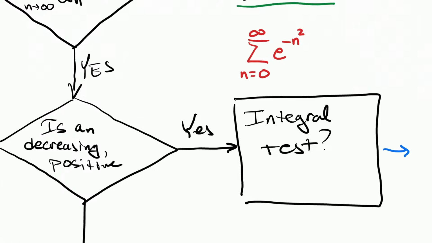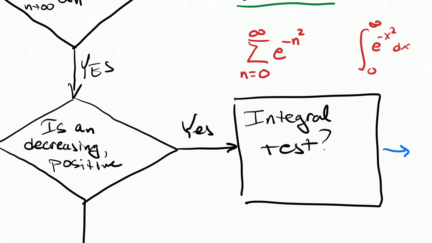If you have that as your sum, you might say, oh, that's a decreasing positive sequence of numbers. But that would require us to do this integral, e to the negative x squared, which you might know is a finite number, but there is no elementary function antiderivative for that.